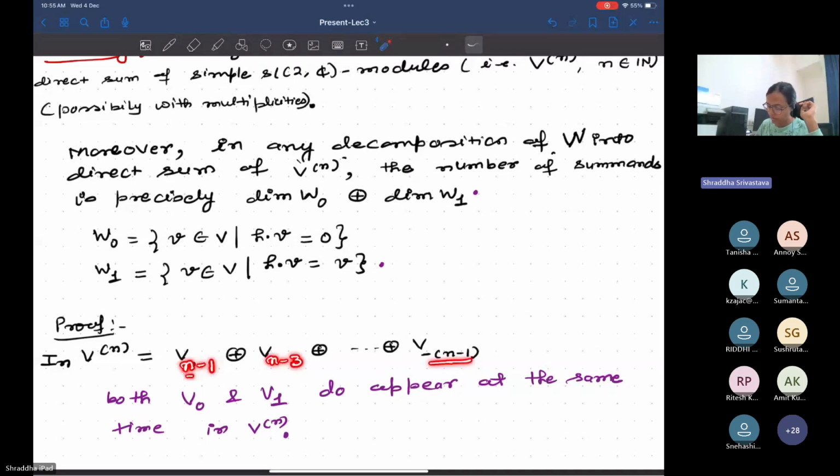All of these terms are going to be even. And if your n is even, then all of these are going to be odd. So they are both not going to appear at the same time.